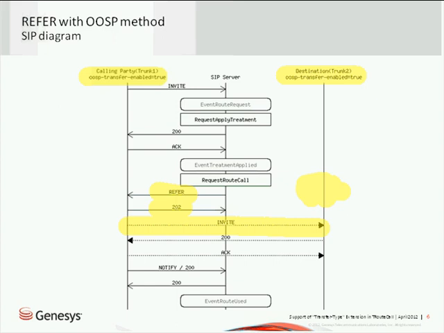They will establish a SIP dialog, and if it's successful, the caller will notify us with a NOTIFY with 200 OK in body saying, I performed refer successfully. We'll interpret this NOTIFY 200 OK as success of routing.